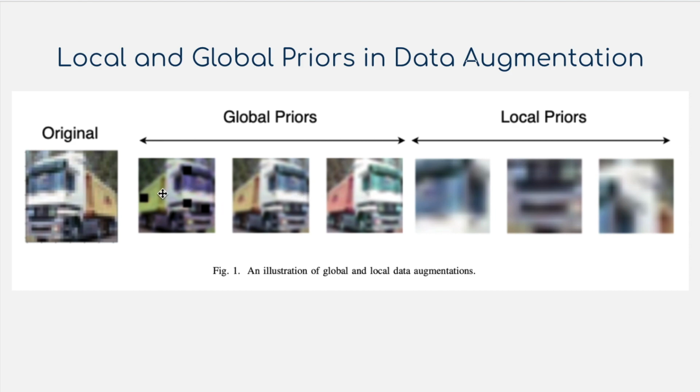In this case, the color channels have been manipulated, and we have some cutout in the image in the input space, and we have a similar color transformation with this image on the far right, compared to local priors, which we define as cropping. So when you crop an image, shown here as we only take the windshield of the original truck, we are biasing the model to focus on local regions of the original pixel grid for making the classification that this is a truck rather than an airplane, cat, dog in CIFAR 10 classification.